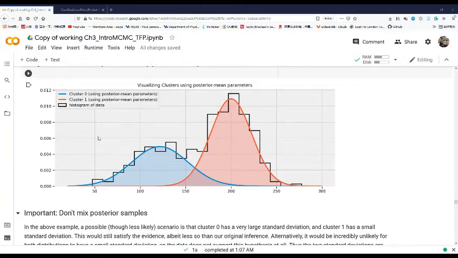And let's take a look at the final result we have. The black border are the original data histogram, and this blue and red region are representing our two clusters. And we can see they actually fit pretty good with the original data.